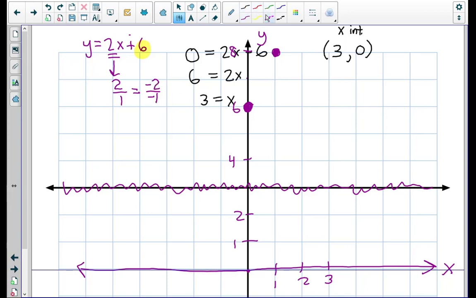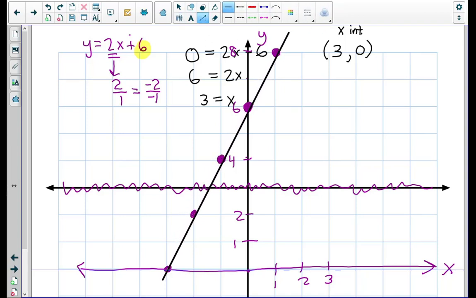So from 6, I'm going to go down 2. That's a rise of negative 2, and then a run of negative 1, which would be here. If I did it correctly, all 3 dots should be in a straight line. I can keep going like this, down to the left 1, down to the left 1. And I can use a straight line tool finally to connect this. I didn't put arrows at the end. I will add them manually.